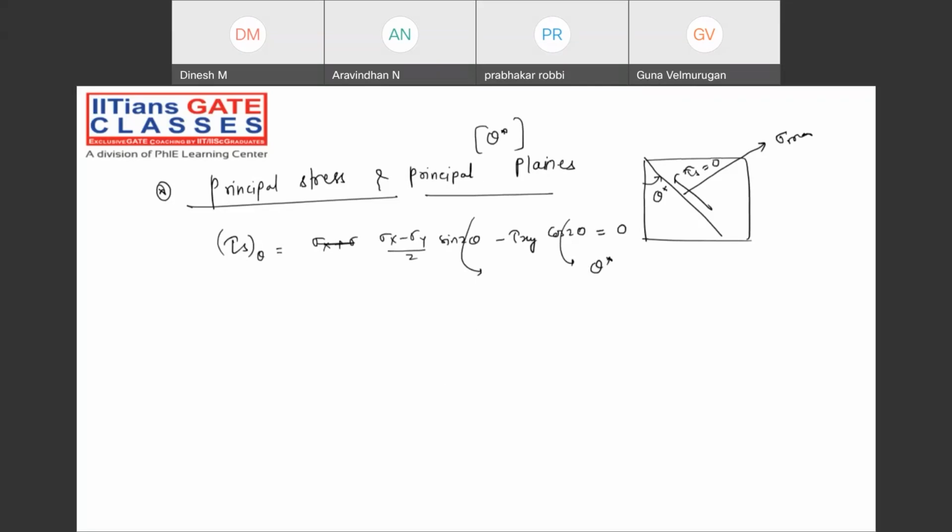Where the tau s theta on that plane will be 0. Can I say on that plane, if tau s is 0, that particular plane will be principal plane. And on that particular plane, whatever the normal stress is acting, that will be principal stress. Check it out. All of you, please check it out. And let me know.